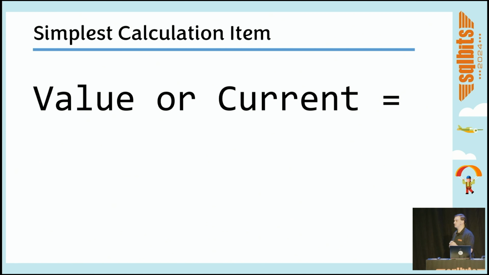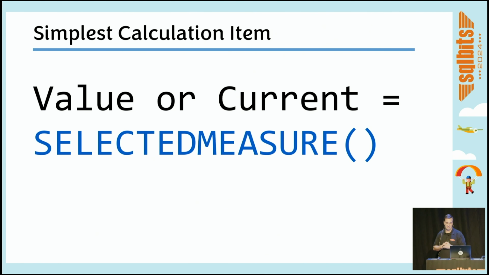The simplest one, in Power BI Desktop, when you say you want to create them, it will actually put the formula at the top that is this. You have to name it. A lot of people name it value, current, but all this is saying is all I want is whatever the base measure is. If it's sales amount, return sales amount.